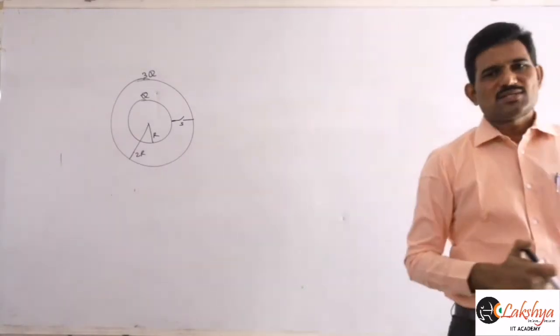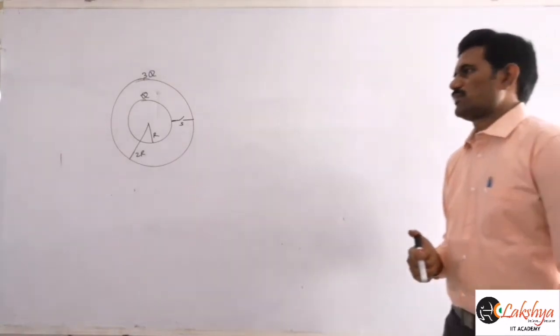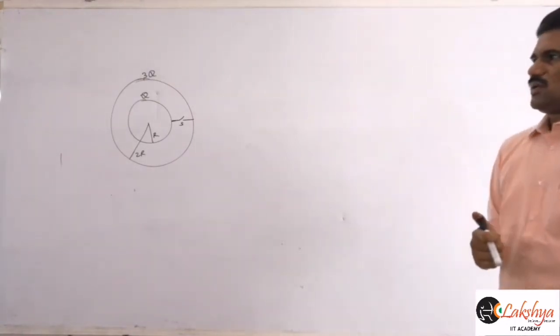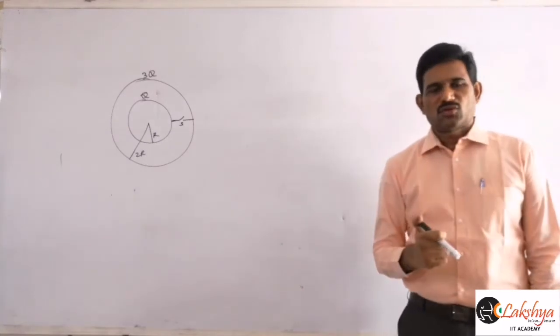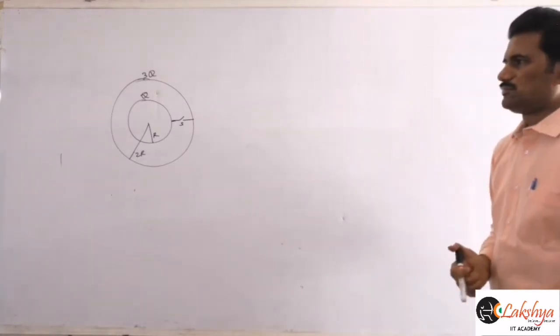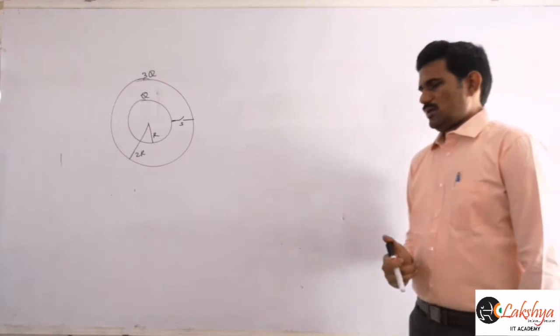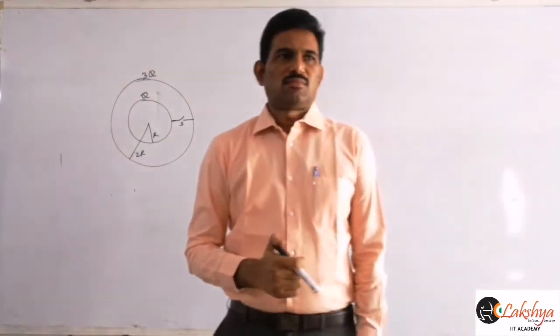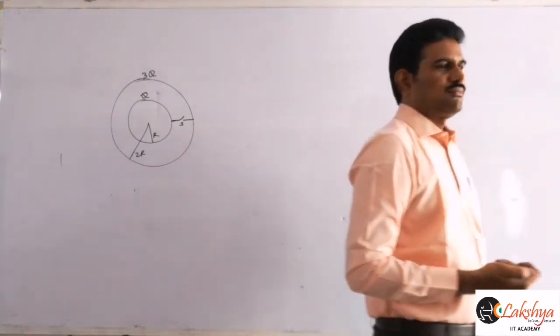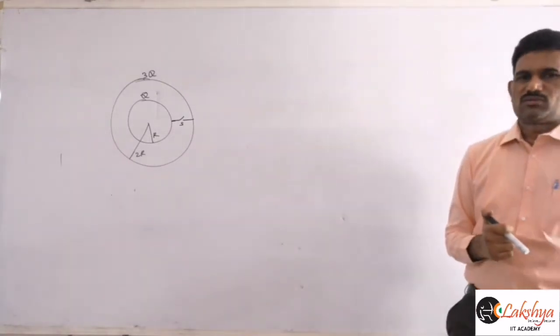Two concentric shells shown in figure are carrying the charges Q and 3Q. They are connected by a conducting wire through the switch S as shown.